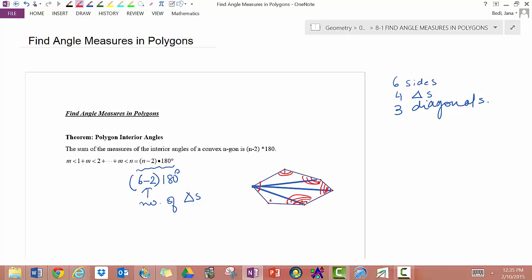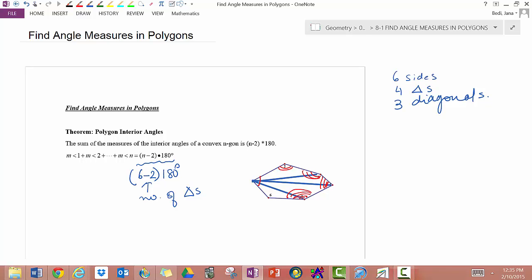If the angles were congruent, we would call this an equiangular polygon. If the sides were congruent, we would call it equilateral. If you have both an equilateral and an equiangular polygon, we call it regular. Regular means all the sides are congruent and all the angles are congruent. That's just vocab for you.